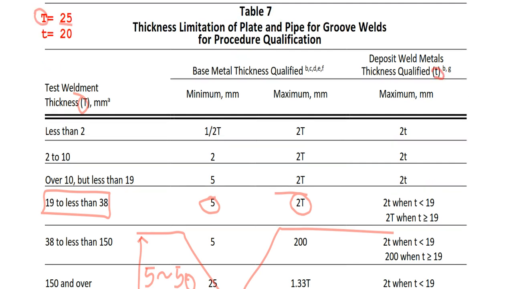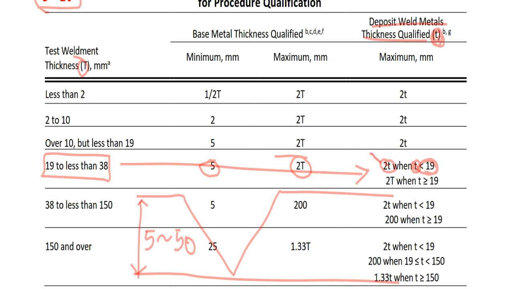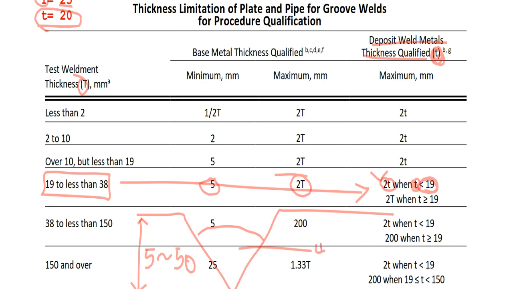And for this small t, lowercase t, the deposit weld metal thickness qualified is: when t is smaller than 19 millimeter, it is 2 small t. Small t is 20. So in this case, case number 1, 2 small t is 40 millimeter maximum.